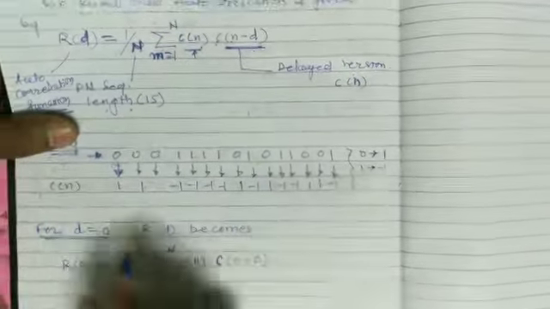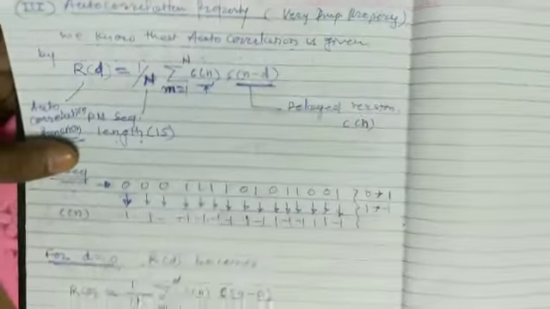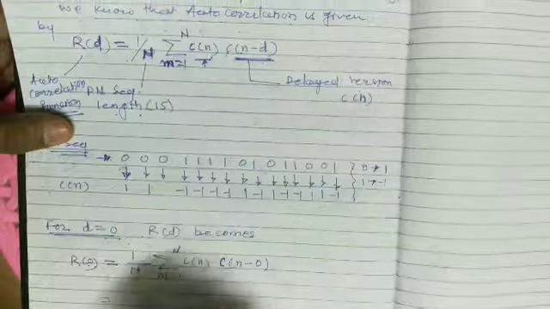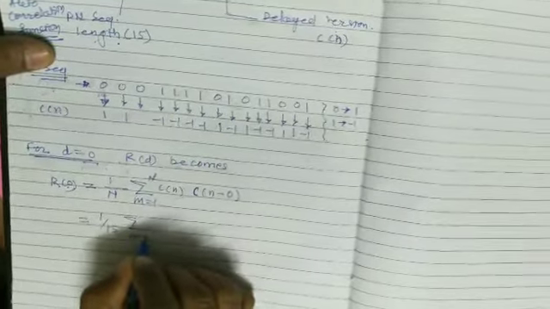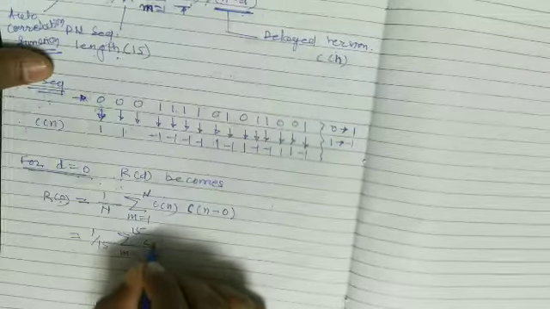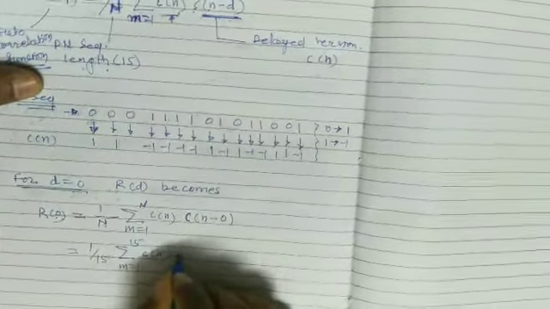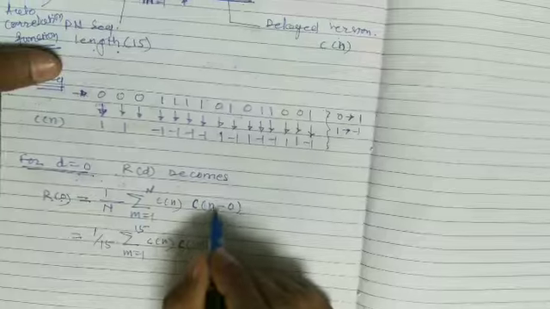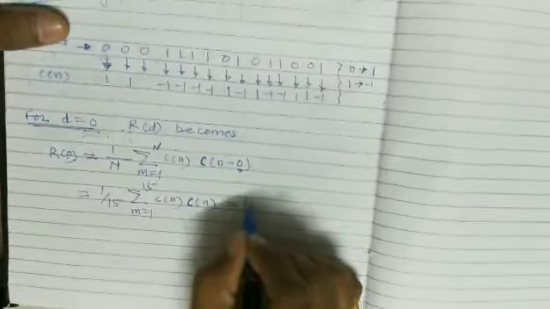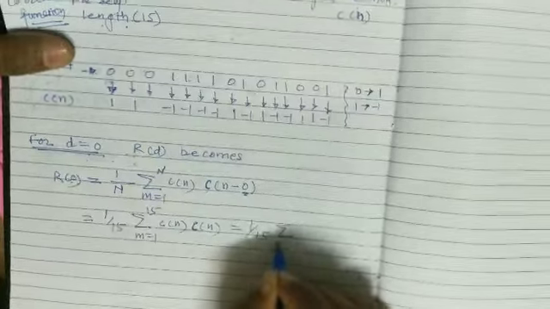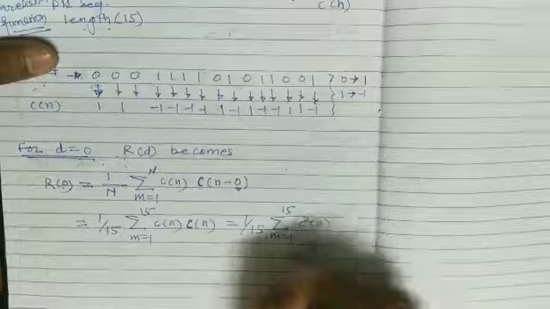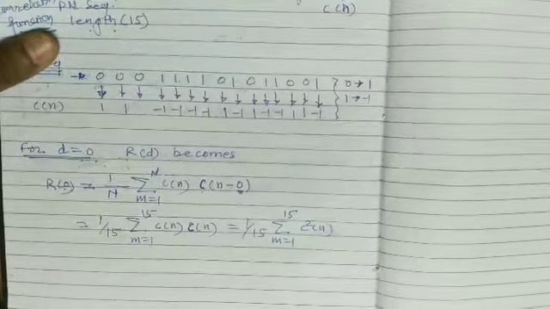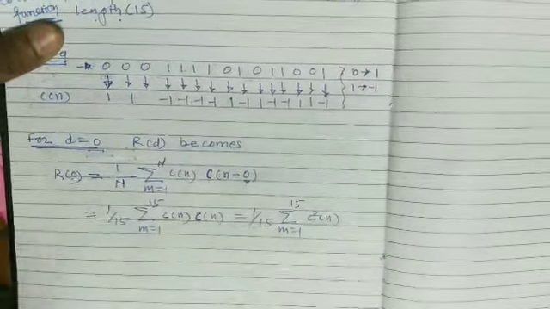For the previous example we are considering, the sequence length is 15, so 1 by 15 summation m is equal to 1 to 15 of C of n into again C of n, because here the value of d is 0. We can write this as 1 by 15 summation m is equal to 1 to 15 C square of n, that is Cn multiplied by Cn itself.